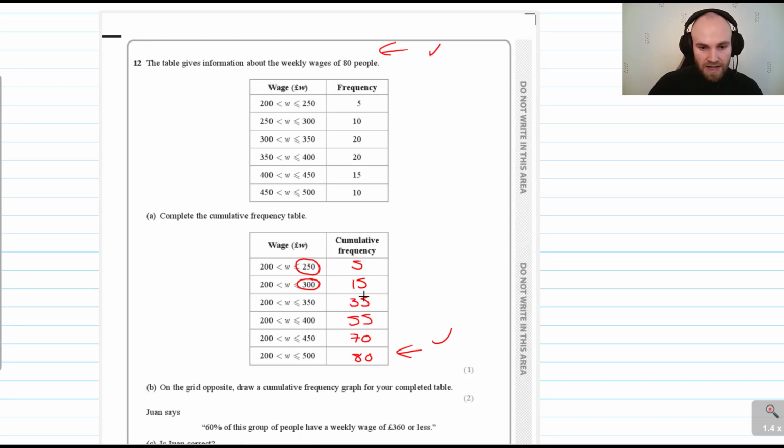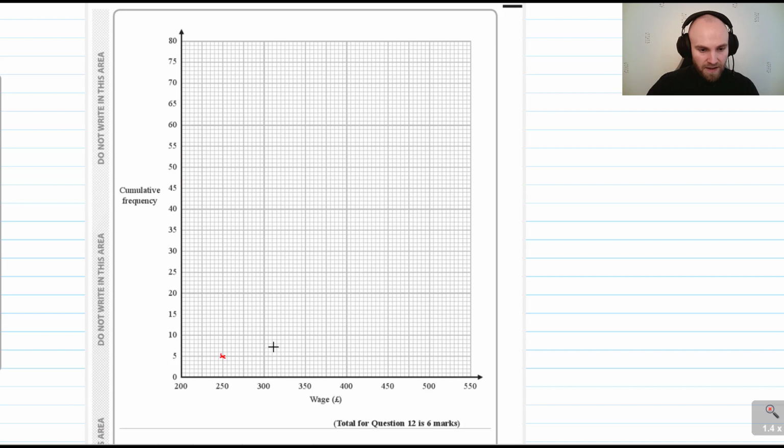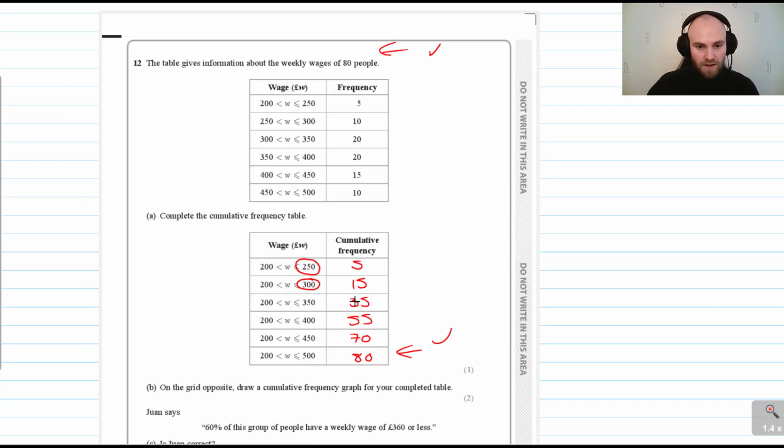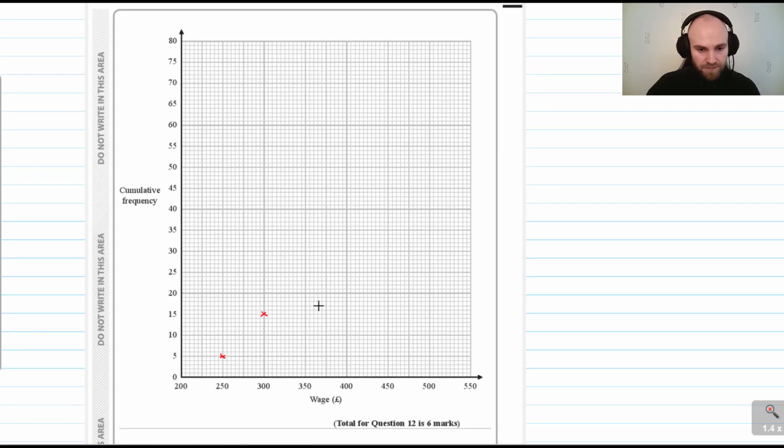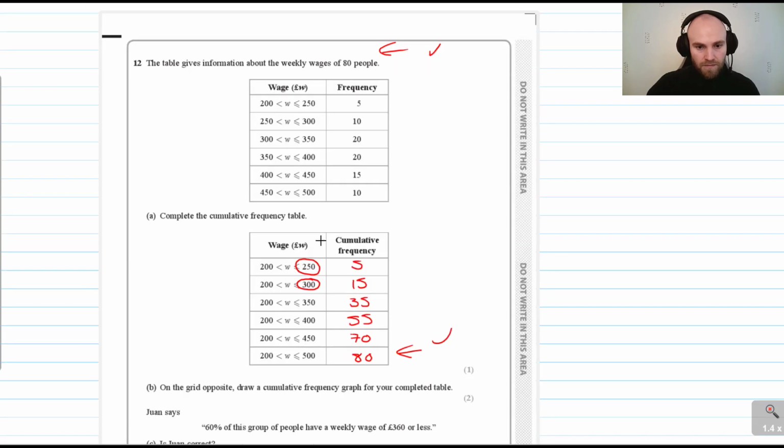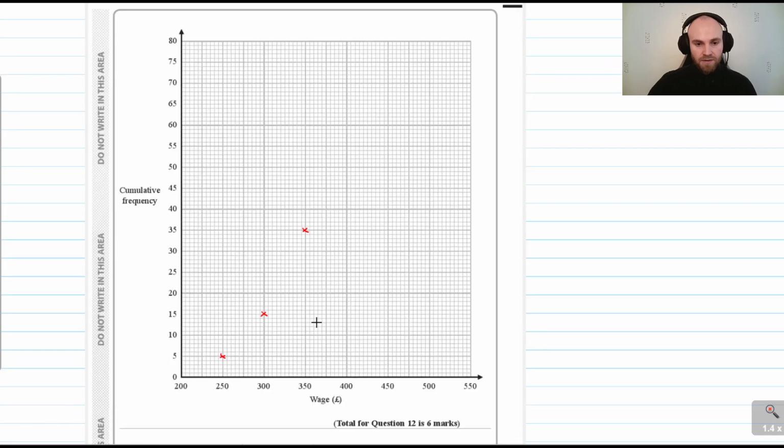15 people earn less than 300 pounds. Just go to here. 35 people earn less than 350. 55 people earn less than 400.